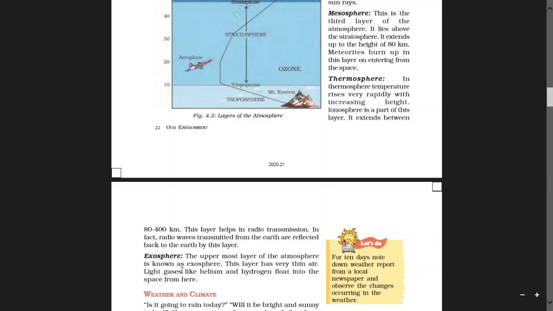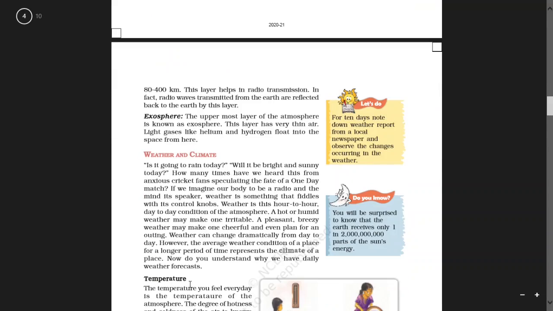Light gases like helium and hydrogen float into space from here. So this is about the structure of the atmosphere.